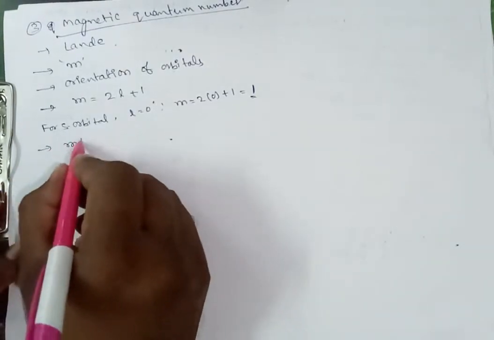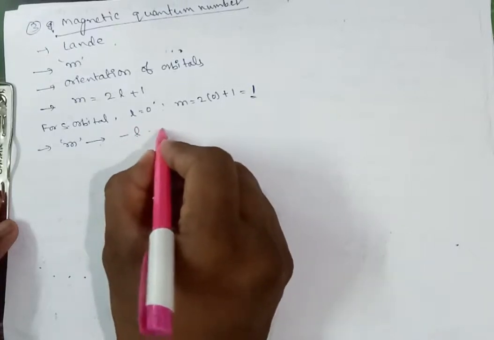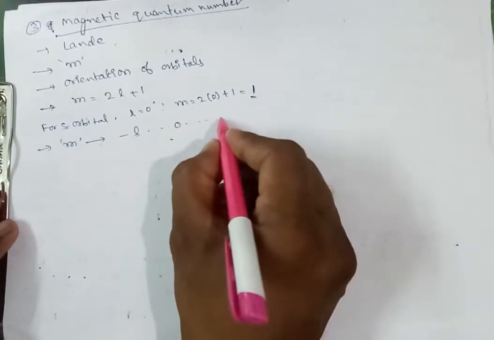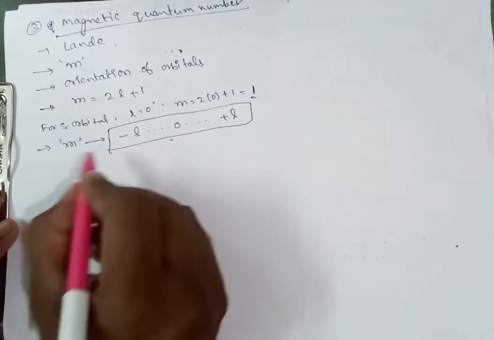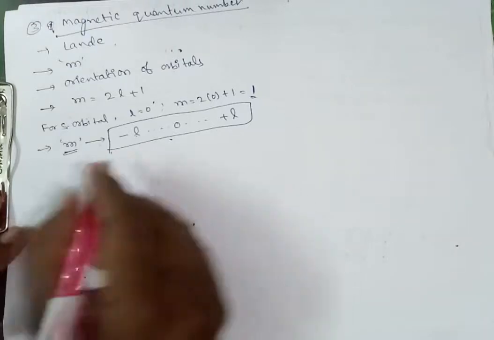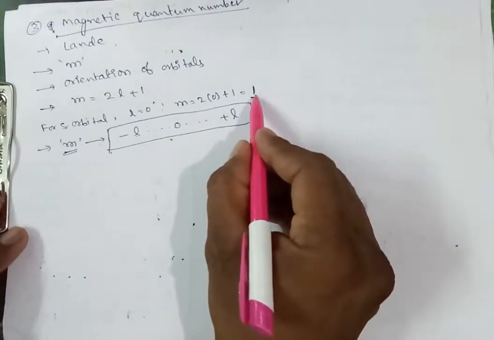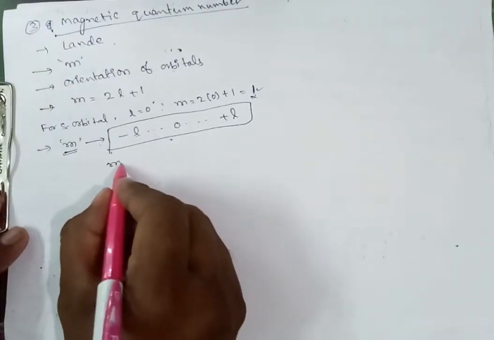The m values can be written from minus l to plus l through 0. So for s orbital there is only one value, and that value is 0.